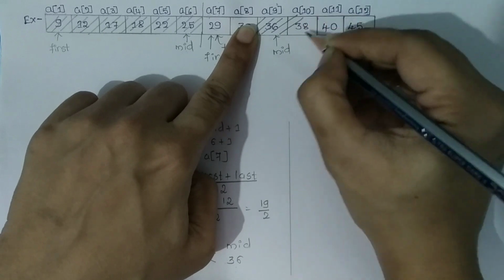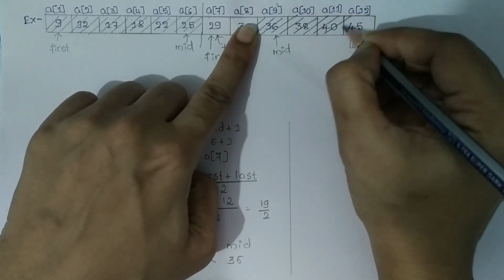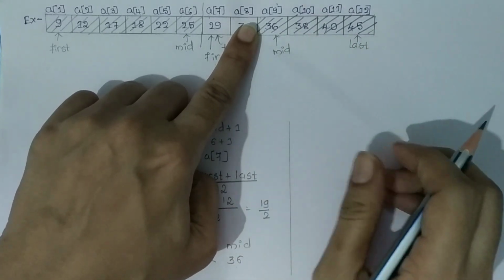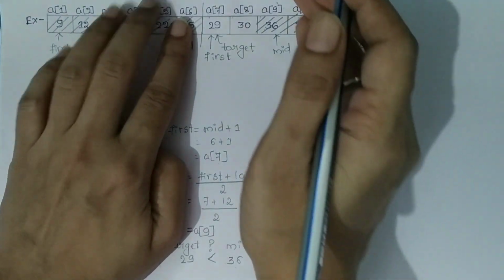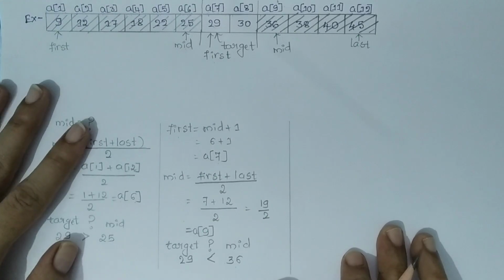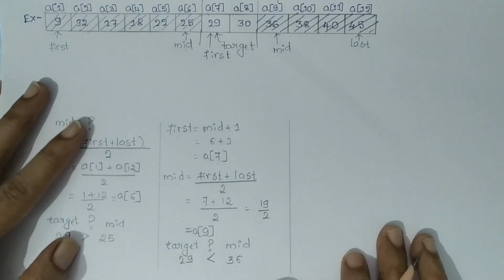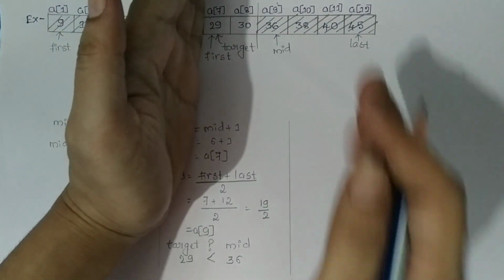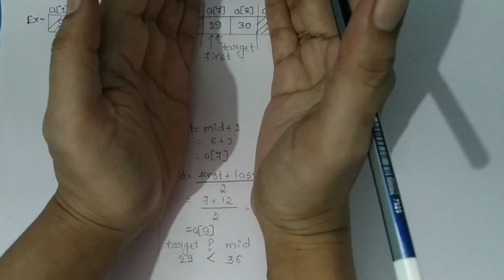I will eliminate this half of the list. Now I have eliminated this list. Now I have only 2 elements left in the list.